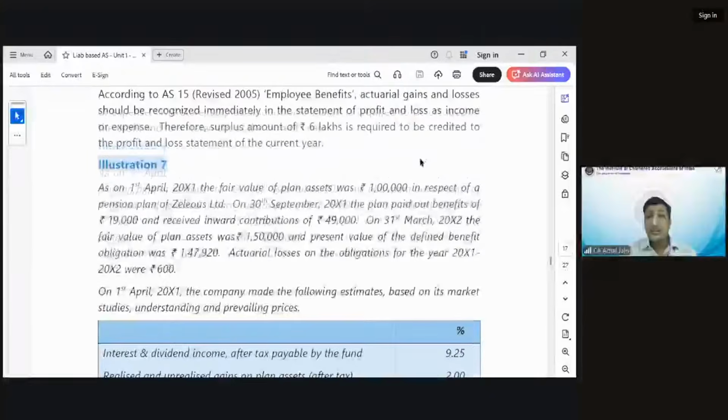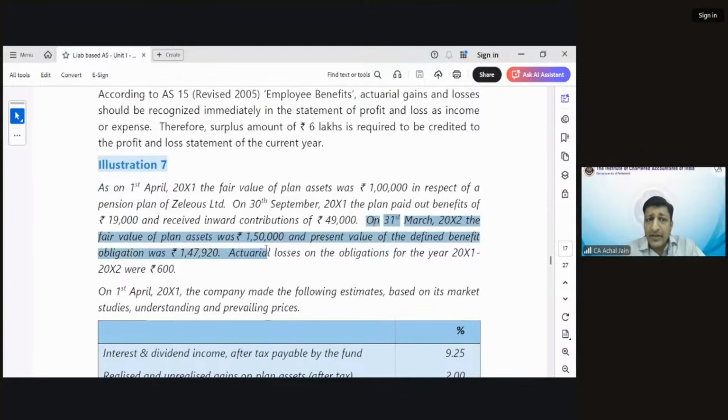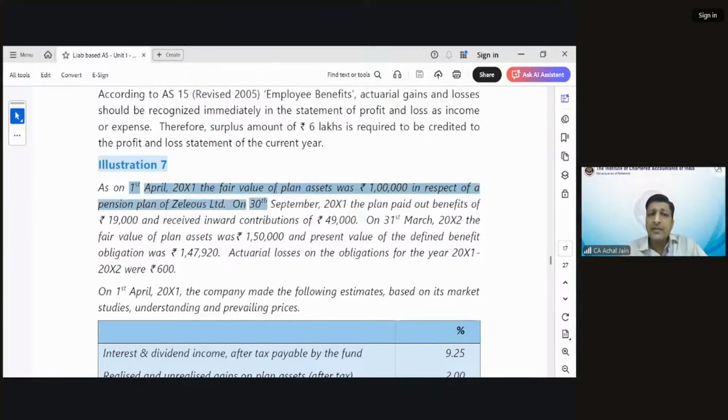So now in respect of the actual return, what do we have? At the end of the year, now please understand this part is important. At the end of the year, fair value of the plan asset is given to us. It is 1,50,000. At the beginning of the year, fair value of plan asset is given to us. It is 1 lakh.